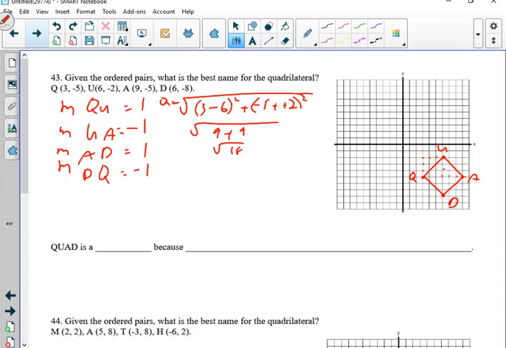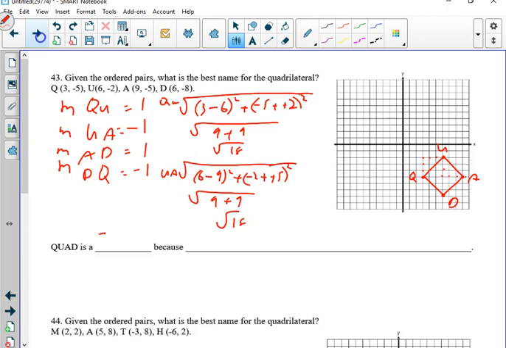If I do UA, then it's going to be 6 minus 9 squared plus negative 2 minus negative 5 squared. Negative 3 squared is 9, plus 3 squared is 9. That's the square root of 18.